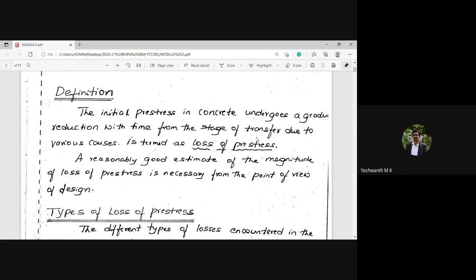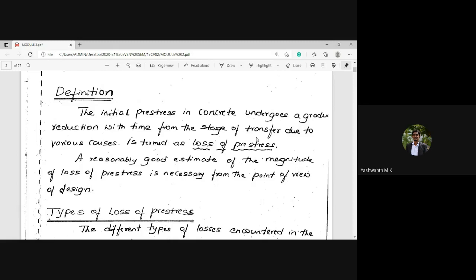That means as the time elapses, whatever pre-stressing force was induced may be reduced, may be lost, due to various causes. That will be termed as loss of pre-stress.